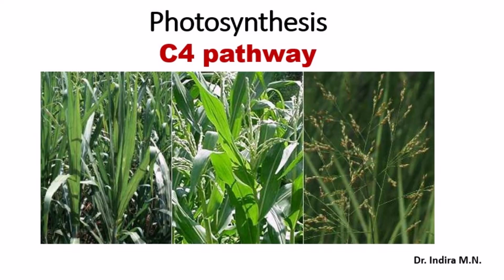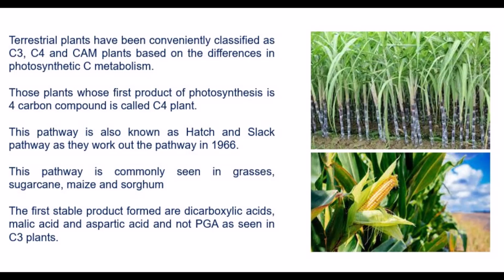Hello, in this lecture we shall talk about the C4 pathway. Photosynthesis, as you all know, is the conversion of solar energy into chemical energy. Terrestrial plants have been conveniently classified as C3, C4, and CAM plants based on the differences in photosynthetic carbon metabolism.